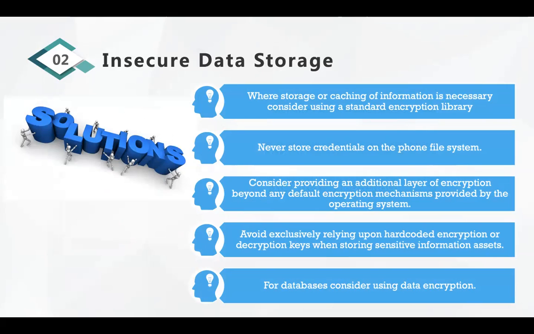Thirdly, consider providing an additional layer of encryption beyond any default encryption mechanisms provided by the operating system. Fourthly, avoid exclusively relying upon hard-coded encryption or decryption keys when storing sensitive information assets. And lastly, for databases, consider using data encryption.